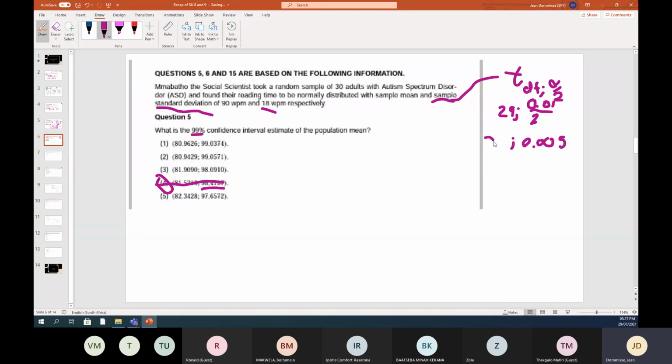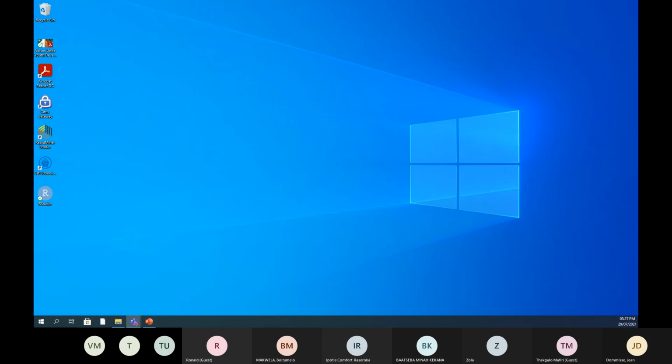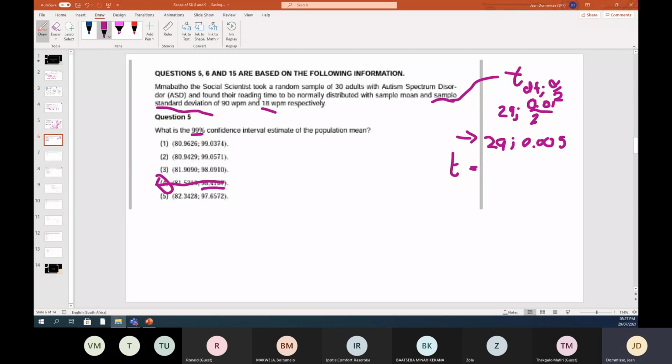So we need to source the t value where t is equal to degrees of freedom 29, 0.005. Let me just open the PDF again with the tables.